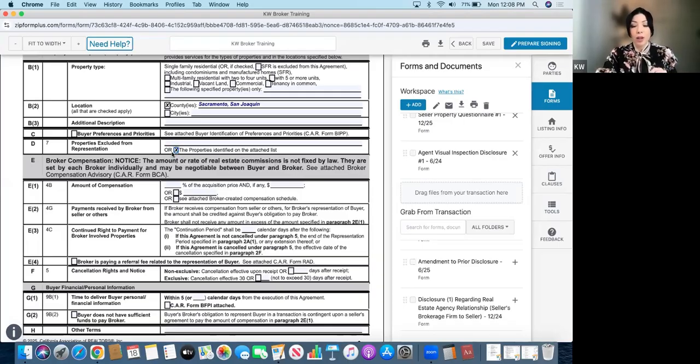So you would add in here, or have the client add in here, any additional properties that maybe they were in contract on before, interested in, or somebody else showed them. So it's not so much an agent issue. I don't want to say it's not our issue, because it still very much is, but the buyer contracted with a previous agent.